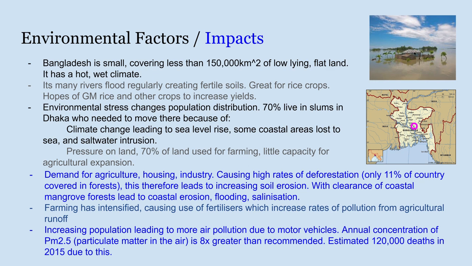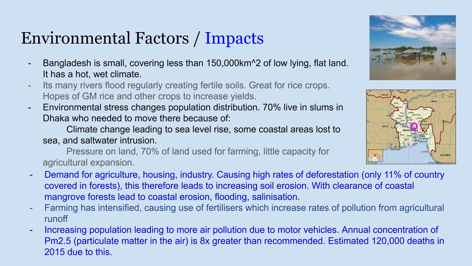So the demand for agriculture, housing and industry has caused high rates of deforestation, where now only 11% of the country is covered in forest. This therefore leads to increasing soil erosion, with clearance of coastal mangrove forests also leading to erosion of the coasts, and it's led to flooding and salinization.